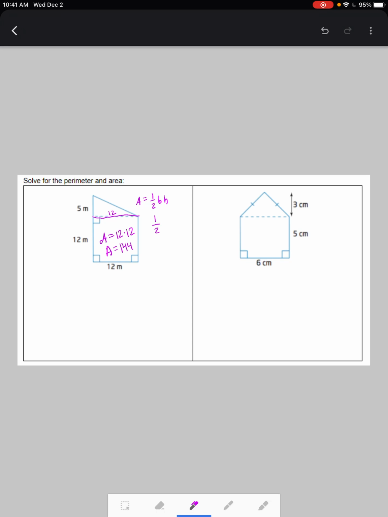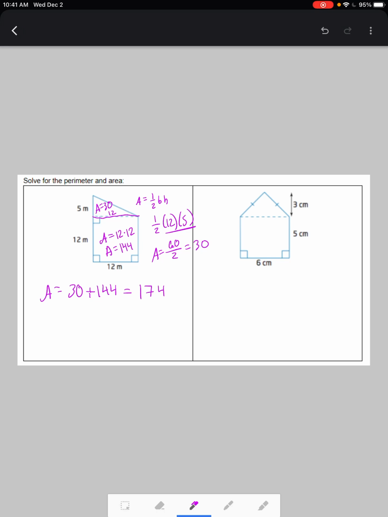So we got here on the bottom 12, and then that height of 5. And when we go through this, we're going to see 12 times 5 gets us 60. Divide that by 2 for an area of 30. So that's going to be our top triangle here. So we got to take both of these chunks of area, our 30 and our 144, add them together, and we'll get a final answer here of 174.